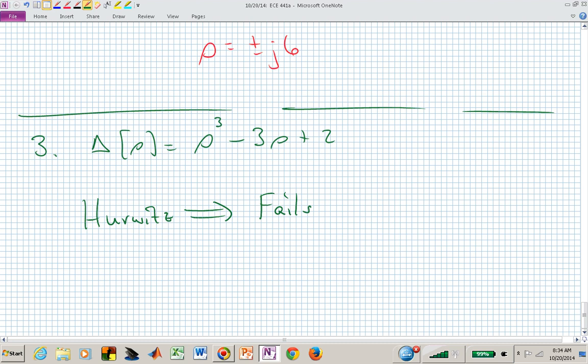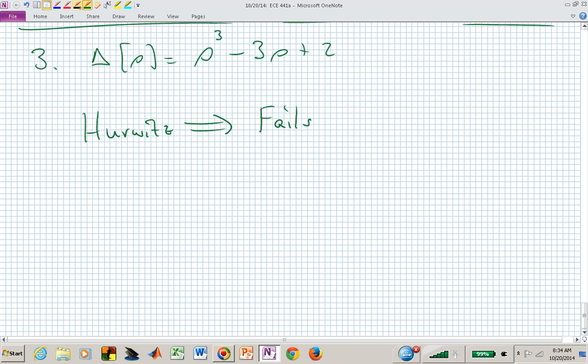All right, let's build the Routh array. What's our bookkeeping tell us? s cubed, s squared, s1, and s0. We have 4 rows in our Routh array.